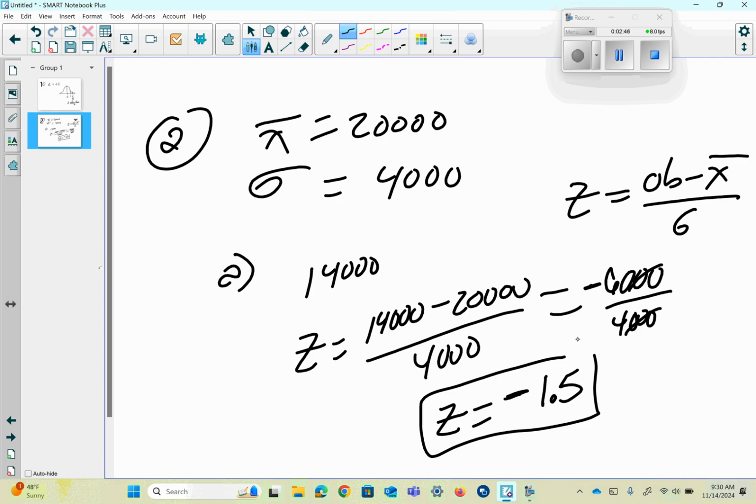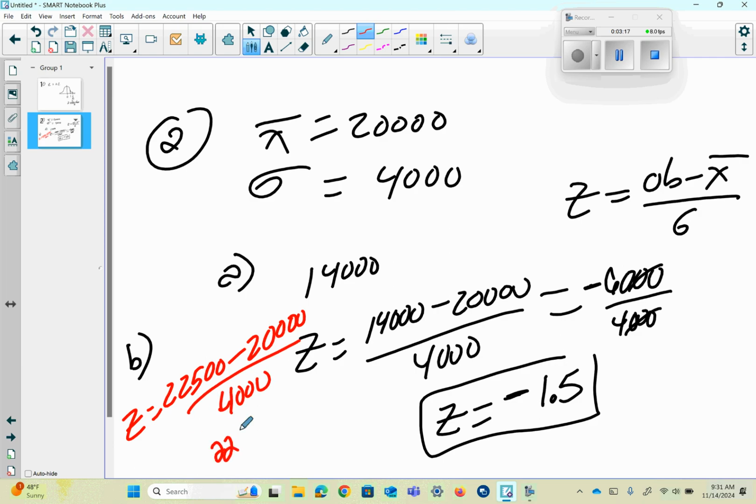And then it says find the z-score of somebody who has 22,500 words. So z equals 22,500 minus 20,000 over 4,000. That's 2,500 over 4,000.